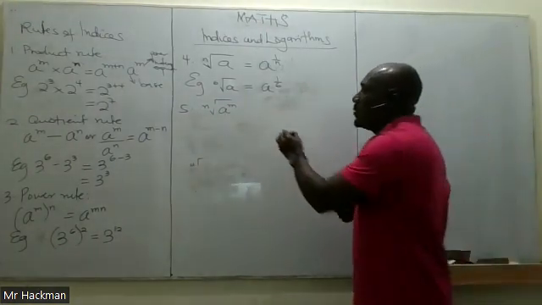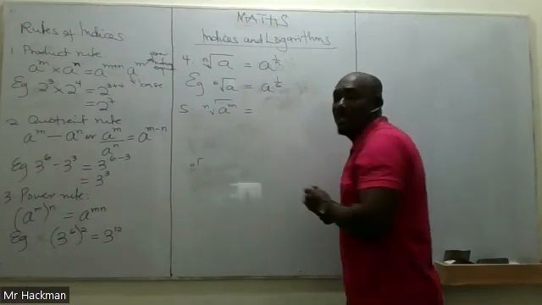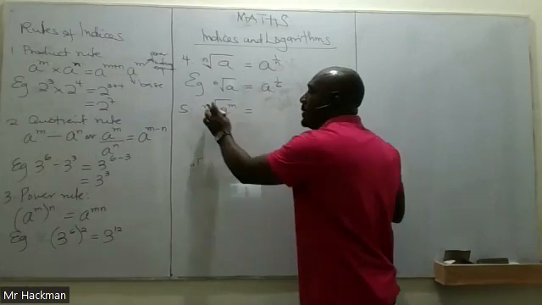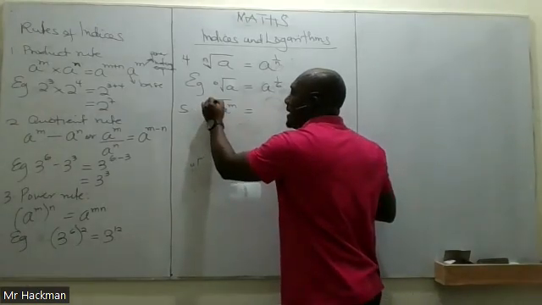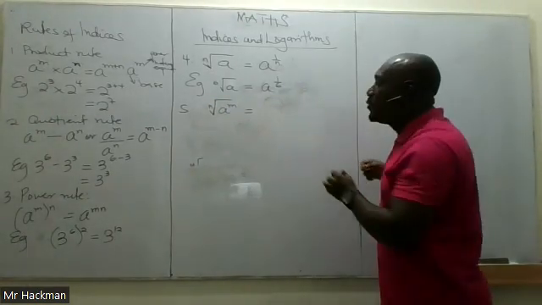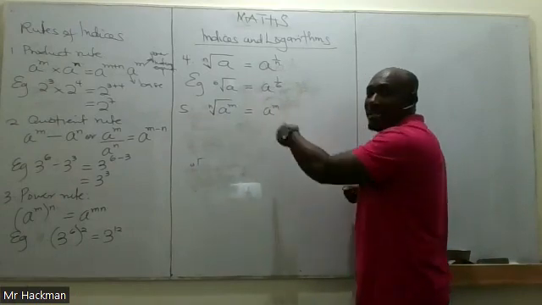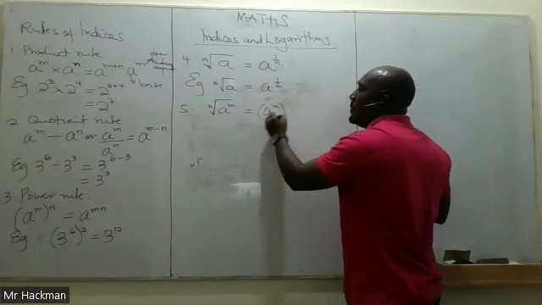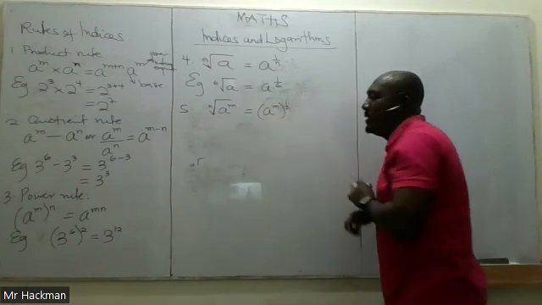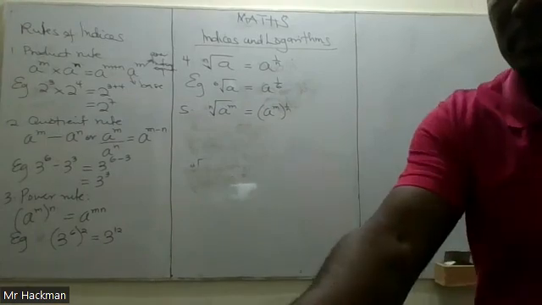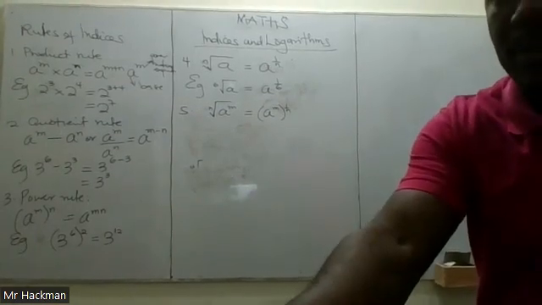Anytime you have the nth root of something, it appears as an index. This will be your normal expression, a to the power m, that you are taking the nth root of, all to the power 1 over n. Do you agree? Yes, please. Okay, very good.